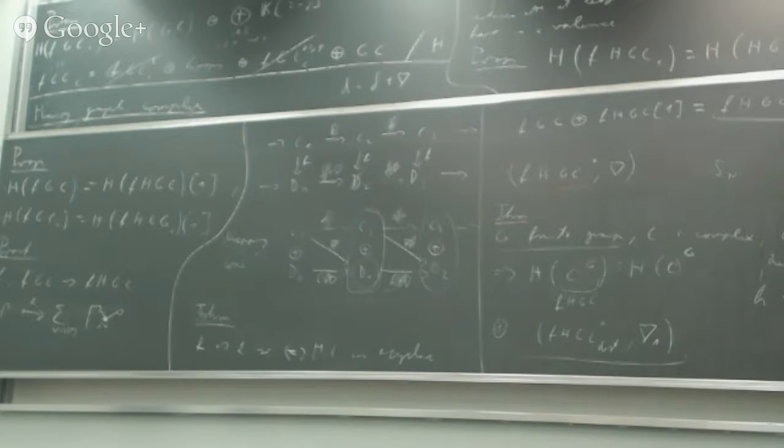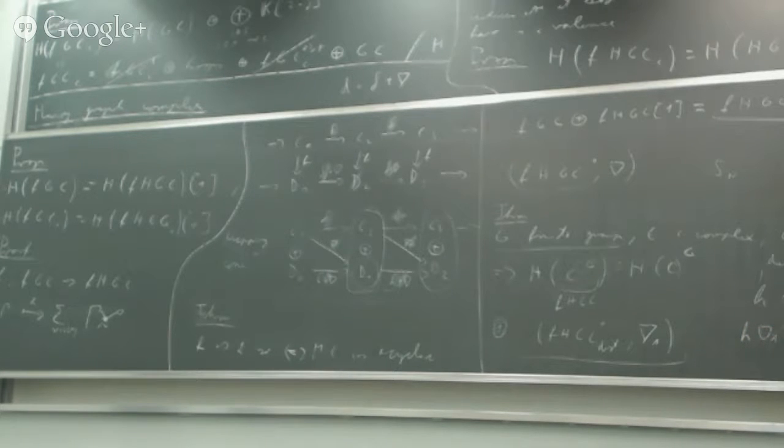And if there is no hair on the first vertex, it sends the graph to zero. If there is a hair, it deletes it. If there is no hair, it sends the graph to zero. And you can easily see that H delta 1 plus delta 1 H is the identity. If you have a hair, then this will delete and add, so it will be the identity, and this will be 0.